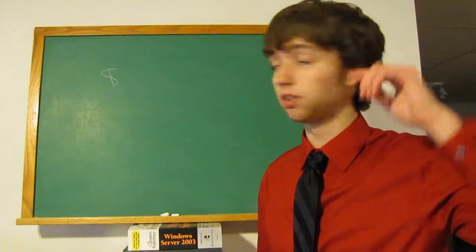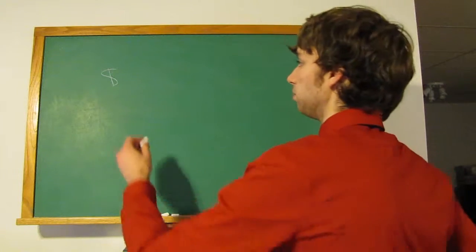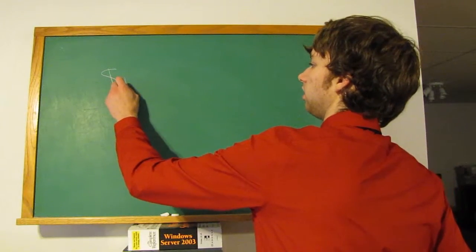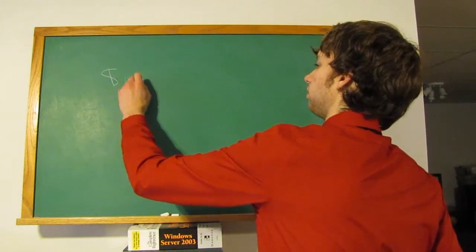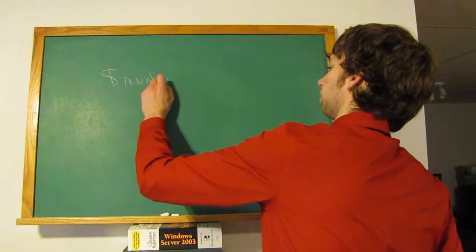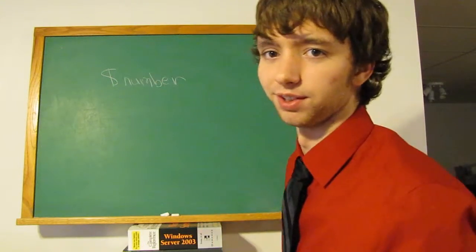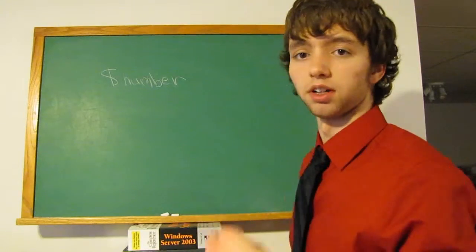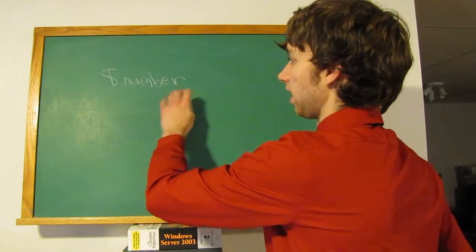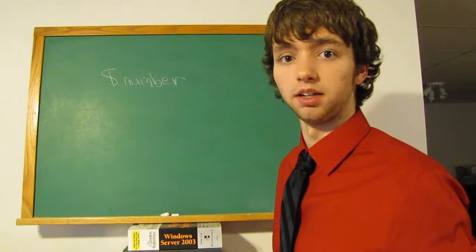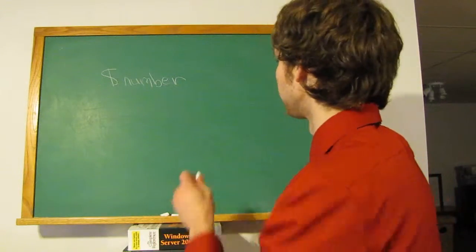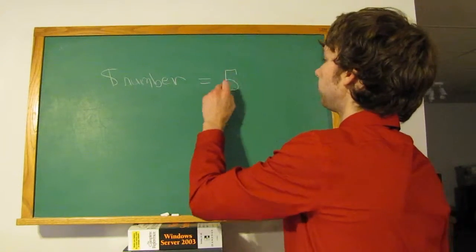Just like if you have a variable, let's say number. I know, so creative. I couldn't think of anything. Well, just like you can assign this a string value, you can also assign it a numeric value. So I could say 5.